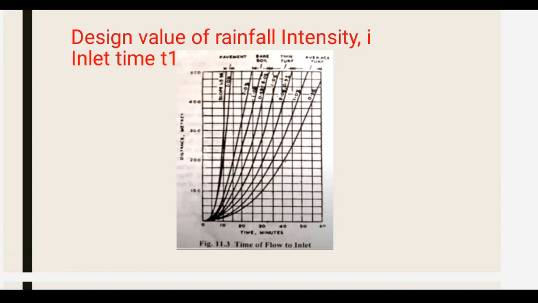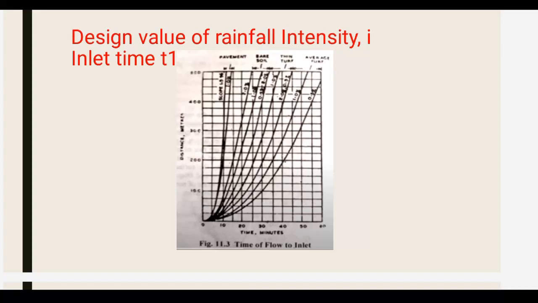So here we are seeing the time of flow to inlet chart. The rainfall intensity i depends on various factors as I mentioned. Here the design value of rainfall intensity can be obtained for expected duration of storm and frequency of occurrence.